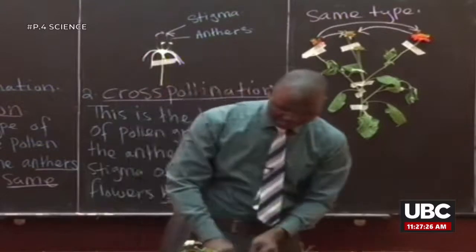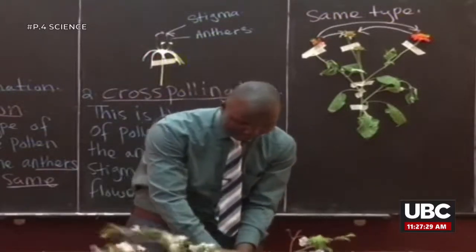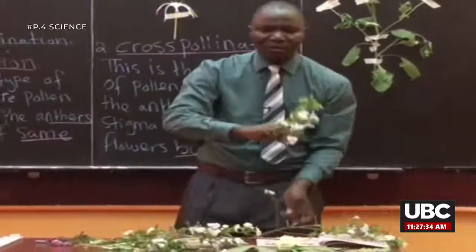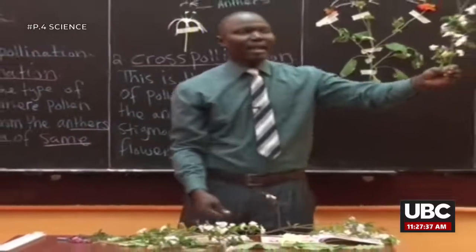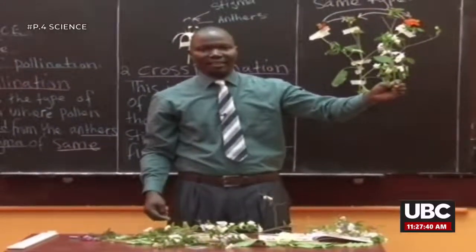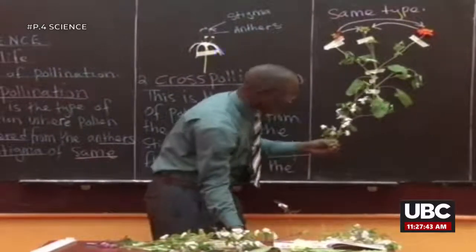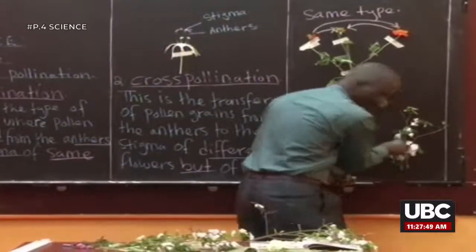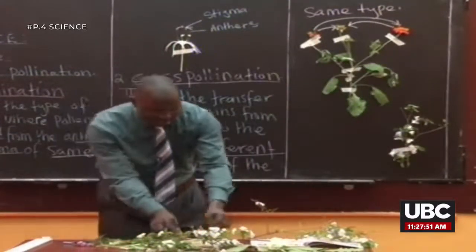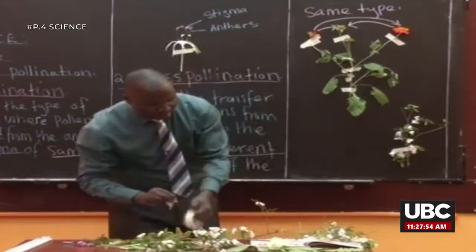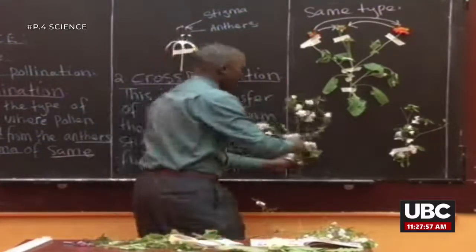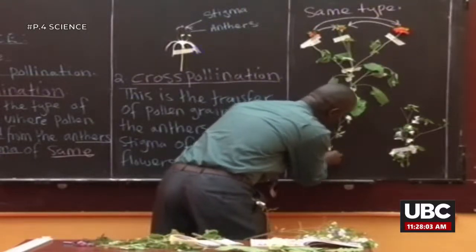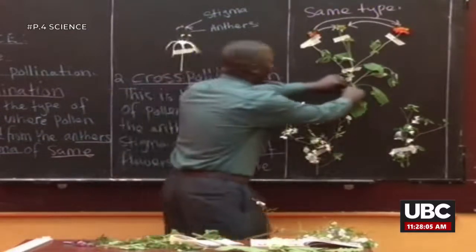How else can we look at that? I could have my plant here, and then I have another plant here. What is going to happen? This plant is found in village A, and I have another plant here which is found in village B. What is going to happen?